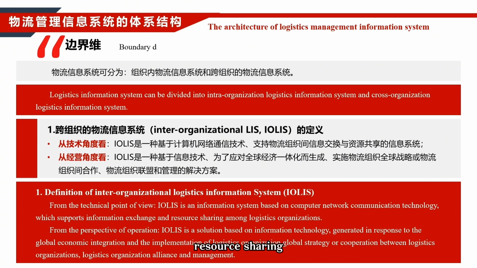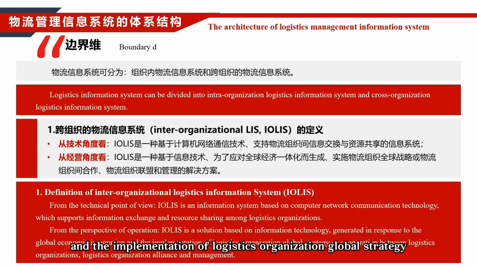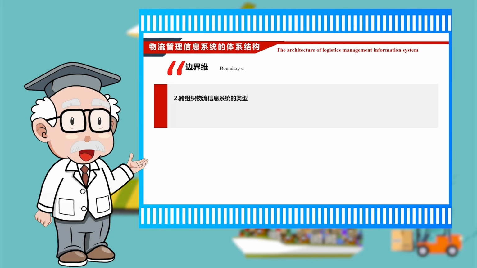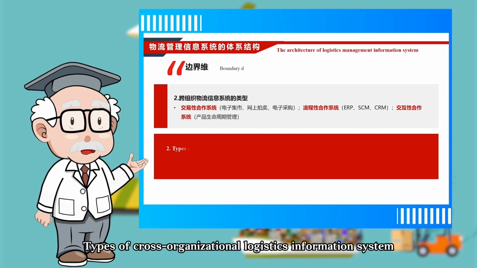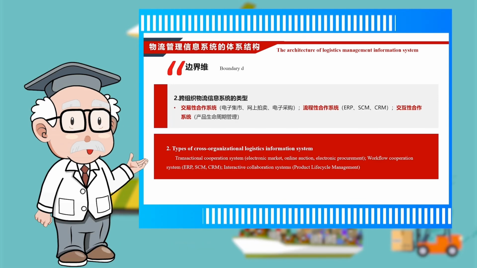From the perspective of operation, IOLS is a solution based on information technology, generated in response to the global economic integration and the implementation of logistics organization global strategy, or cooperation between logistics organizations, logistics organization alliance and management.